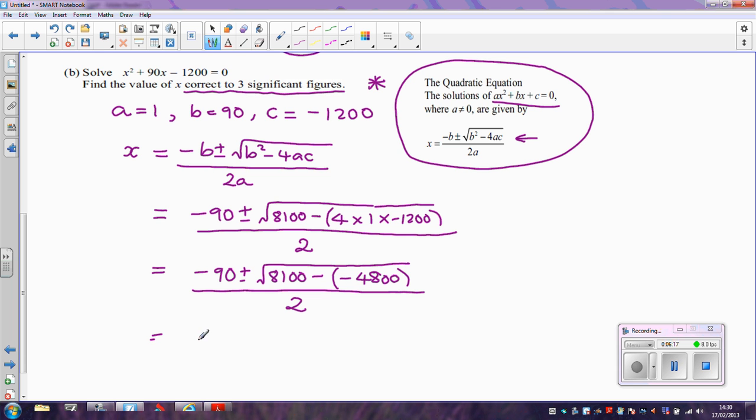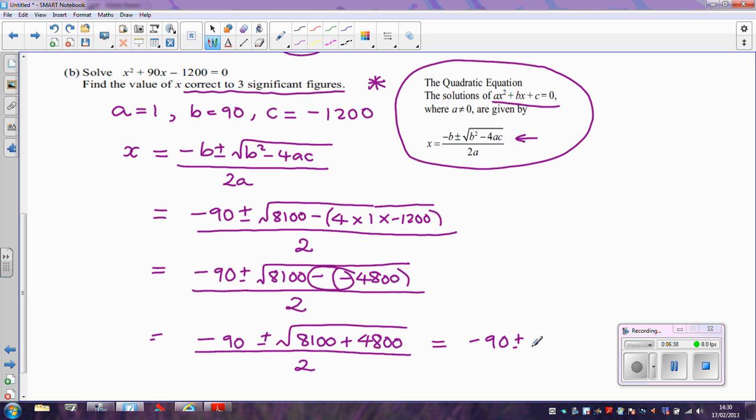So continuing, we've got minus 90 plus or minus the square root of 8,100 plus, because we're doing minus a negative number, 4,800, and that's divided by 2 still. Right, if we keep on going, that becomes minus 90 plus or minus the square root of 12,900, divided by 2.